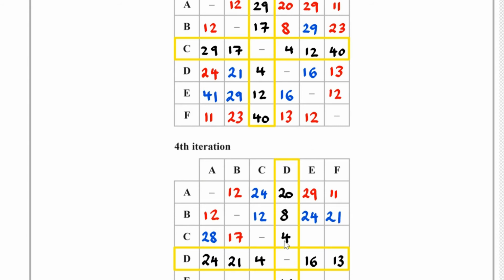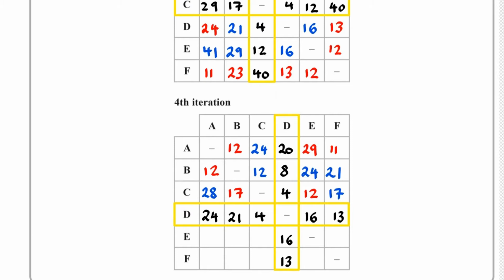We then compare 4 plus 16 with the 12. 12 is smaller, so 12 goes here. Then we compare 4 plus 13 with the 40 over here. 40 is bigger, so 4 plus 13, that's 17, goes here.